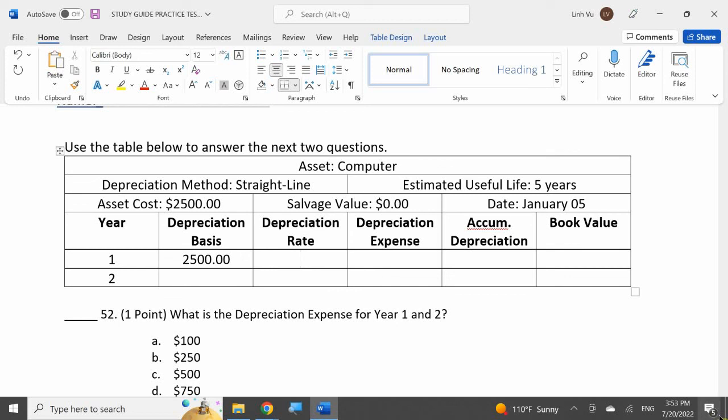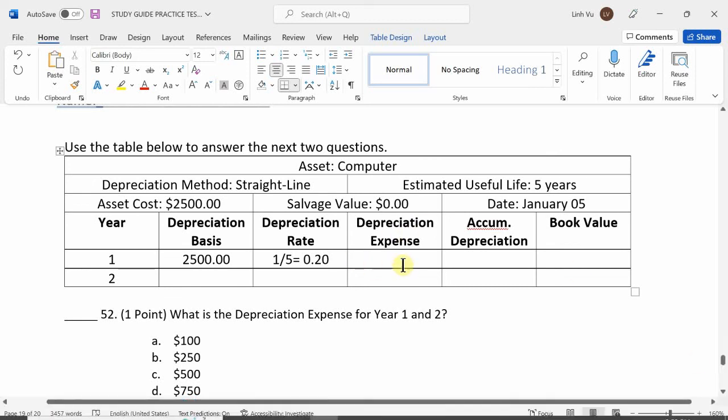What's my rate going to be? It's 1/5, 1 over the estimated useful life of 5 years, which is going to give you 0.2, 20%. Excellent. So what is going to be my depreciation expense if I'm going to depreciate at the end of the year, December 31st? $500, right?